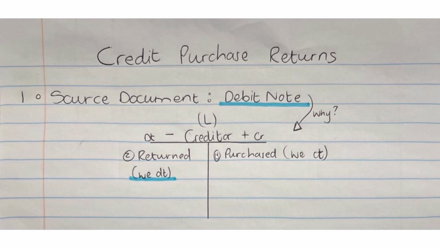So at number one, I showed you that we purchased our trading stock on credit, so we credited. Then when we decide to send it back or ask for a decrease in our liability, it goes to the other side, to the debit side, where we return. And therefore, we debit creditors control when we return, and that is why it is called a debit note.